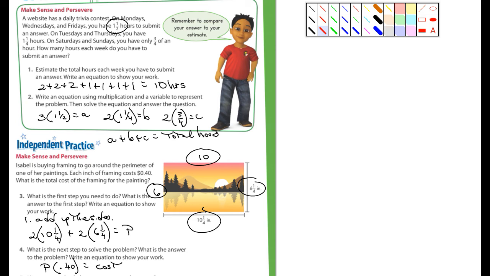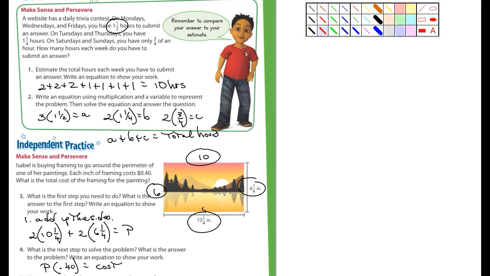The guided practice, let's take a look at this for a moment. I'm going to grab my laser pointer again. The website contest. They want to know the total hours. On Mondays, Wednesdays, and Fridays, you have an hour and a half. On Tuesdays and Thursdays, you have an hour and 1/4. And on Saturdays and Sundays, you have 3/4 of an hour.